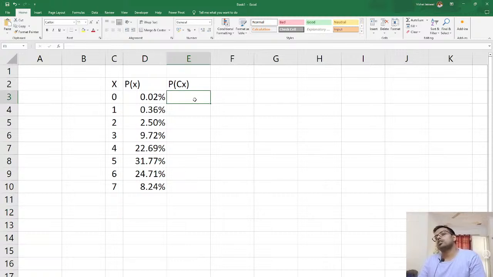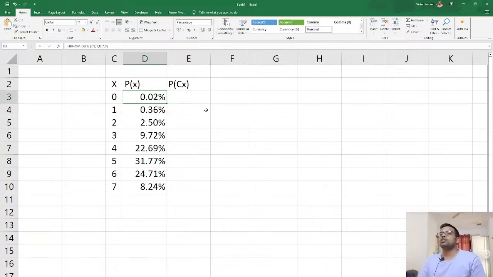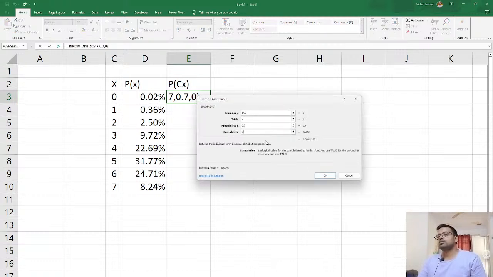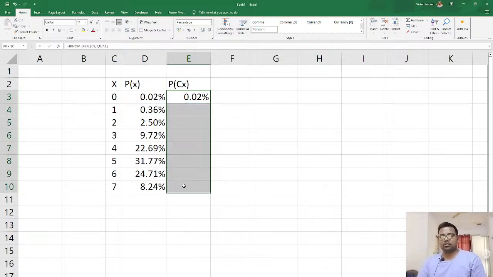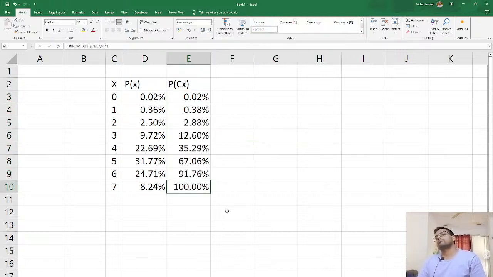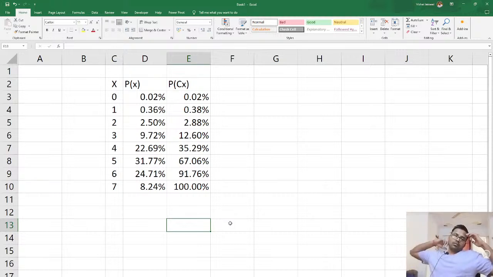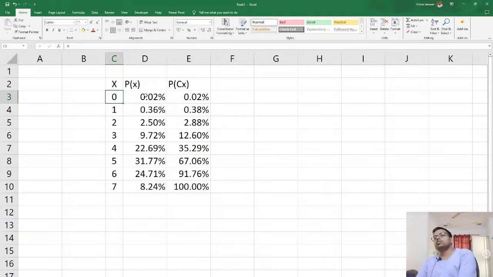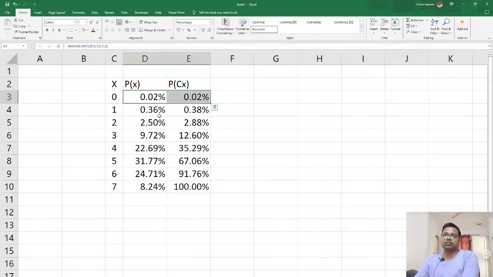Now I am going to calculate the cumulative. I'll use the same formula and set the cumulative as 1. It will calculate the cumulative. This is what we have come up with. It says that for 0 it is the same, 0% persons fail, nobody will fail.